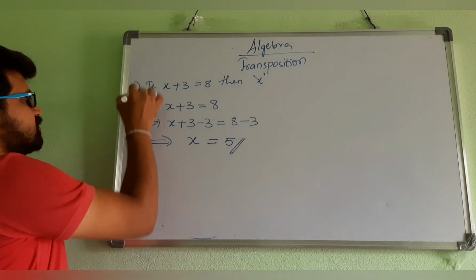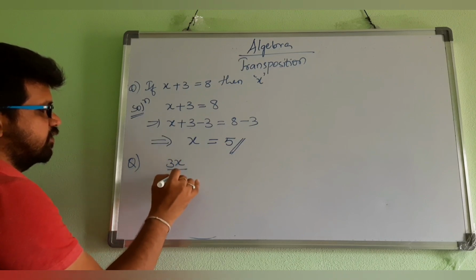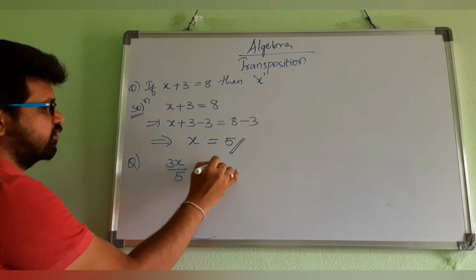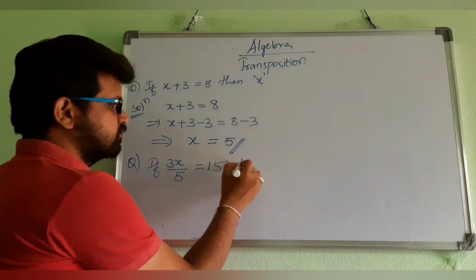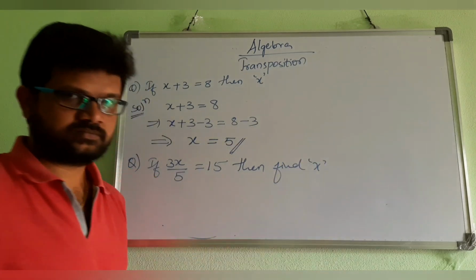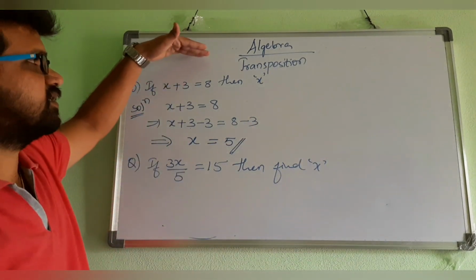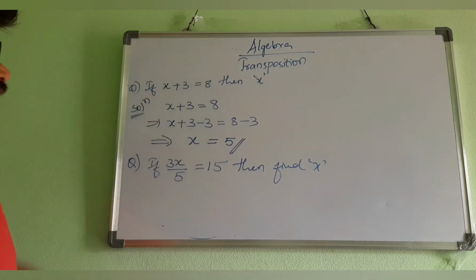And one more question. 3x by 5 is equal to 15. If 3x by 5 is equal to 15, then find x. These are the basic concepts for 6th standard, 5th standard students, very useful.